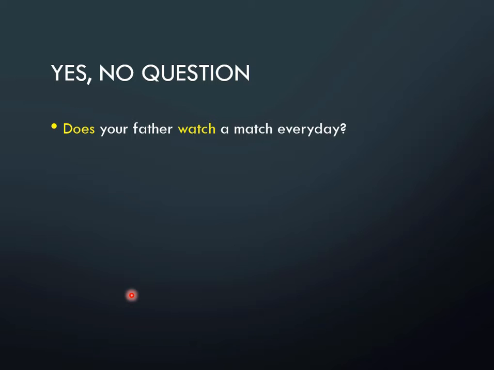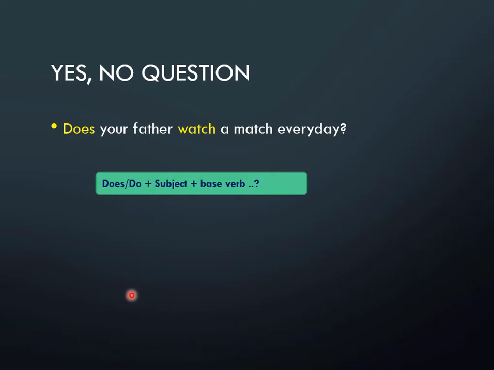This is an active question from the sentence, my father watches a match every day. Here the question should be answered with yes or no. We put do or does at the beginning. Then we write the subject, or the doer, then we write the base verb. After that we can write the object, okay?